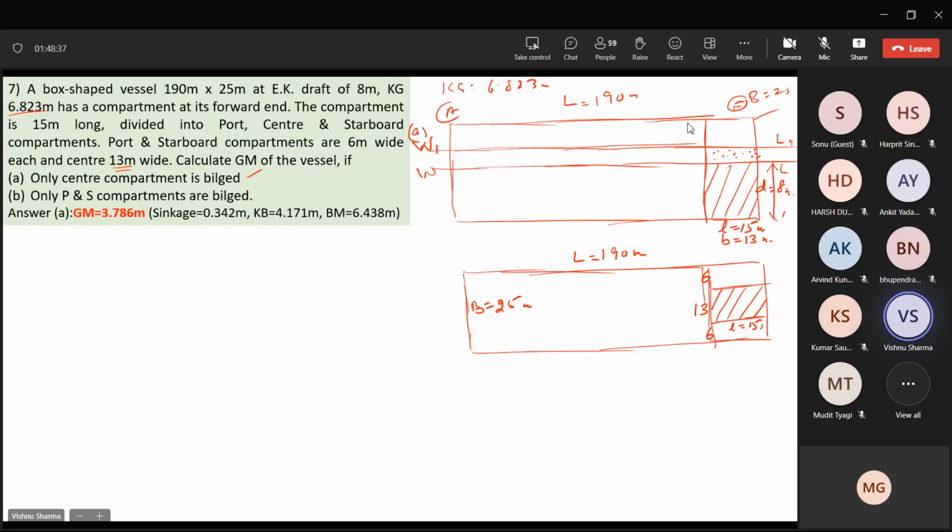Guys, do you agree with the diagram for part A now, or does anybody have any doubts? Tell me. Please review part A of the question and see if the diagram is correctly made, or do you have any doubts to clarify?